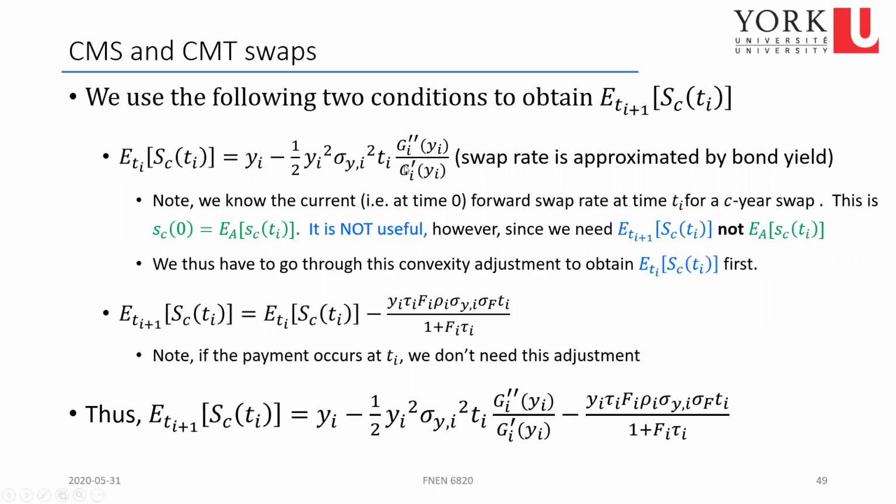So take the second partial and the first partial to get the adjustment. Now, once you have done this adjustment, you will get this expression here. Now, don't be confused that at the current time, we do have a forward swap rate for the reset time at say 1 year from today of say a 5-year swap.